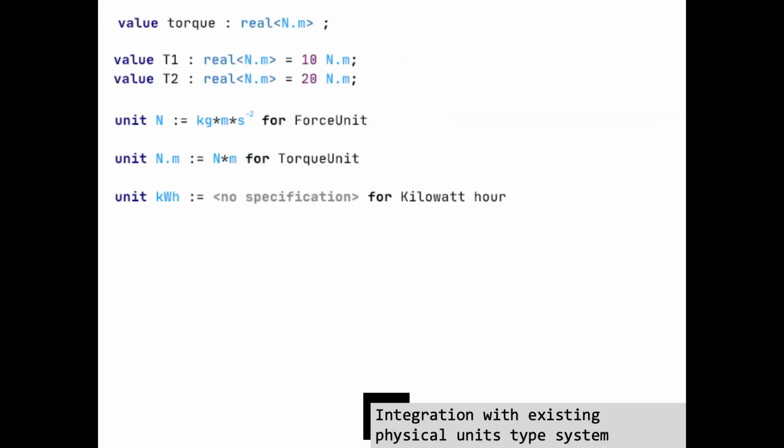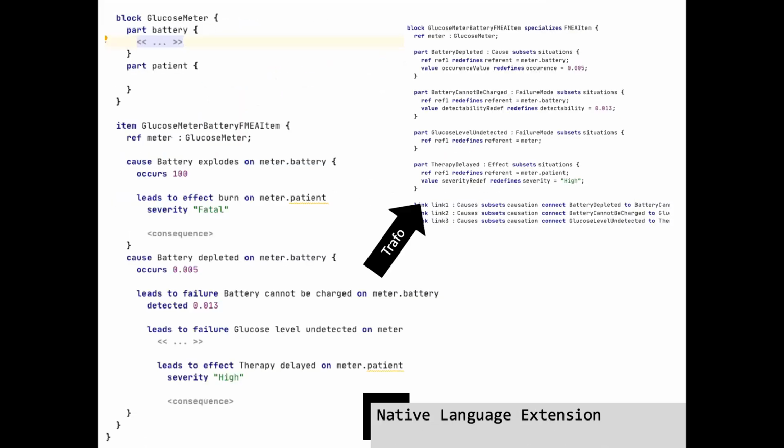We have support for physical units, and we have also implemented this language extension example for the glucose meter, where we basically have custom syntax, relatively boring custom syntax, but custom syntax nonetheless, for basically defining one of these fault trees, I think it's called.